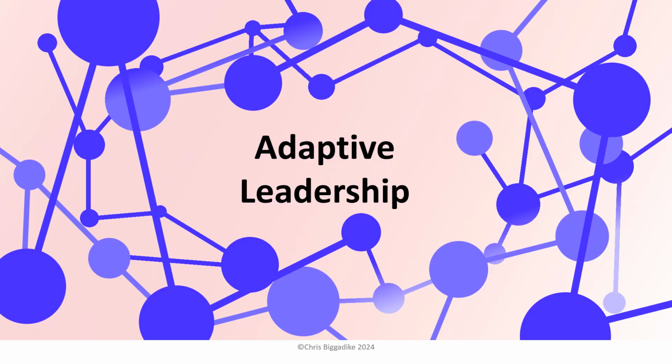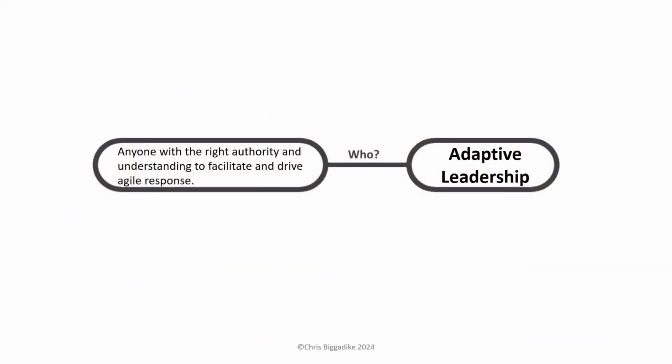Now let's take a look at adaptive leadership. Who does it? Well, adaptive leadership is responding to a sudden event or facilitating a change, so it can be done by anyone with the right authority and understanding to facilitate and drive the agile response.